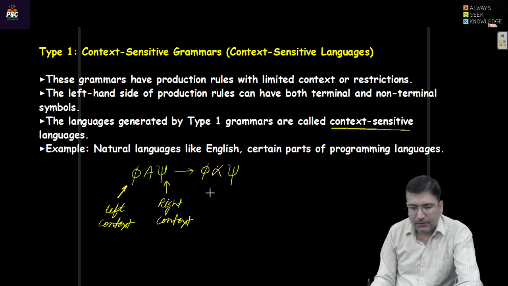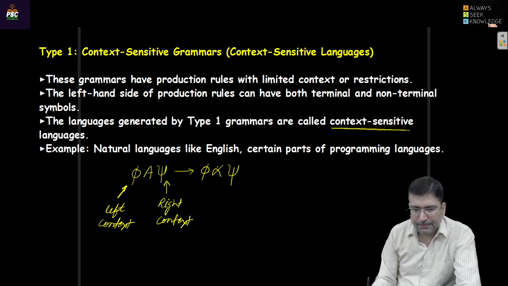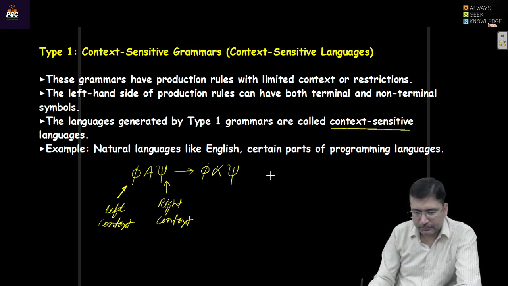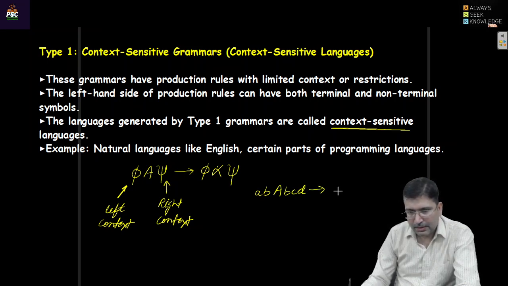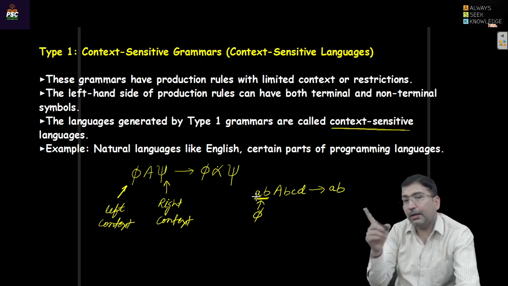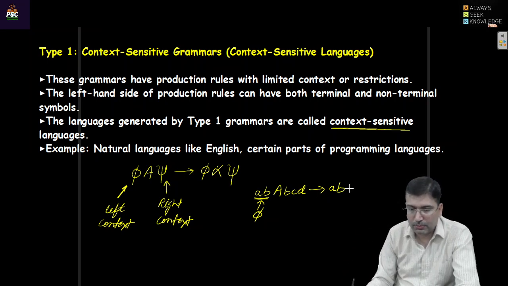So if we take an example, let's say we have A, B, capital A, and B, C, D here derives. If I'm considering AB as my left context, representing phi, then AB has to be alive at the right hand side of the production rule also.